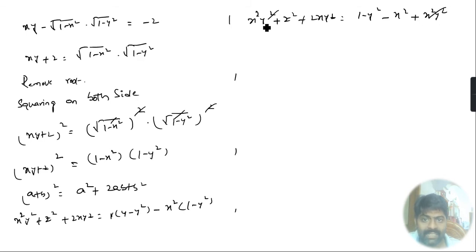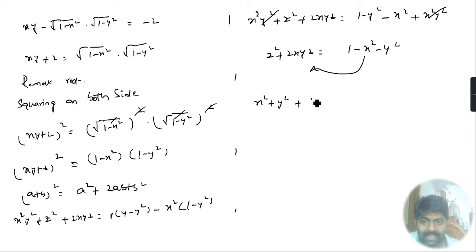The x square y square terms cancel, and we get z square plus 2xyz equal to 1 minus x square minus y square. So these terms will be converted to this side, then we get x square plus y square plus z square plus 2xyz is equal to 1, which is equal to the RHS.